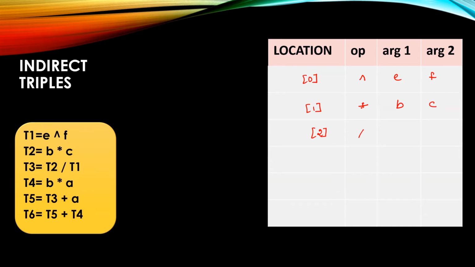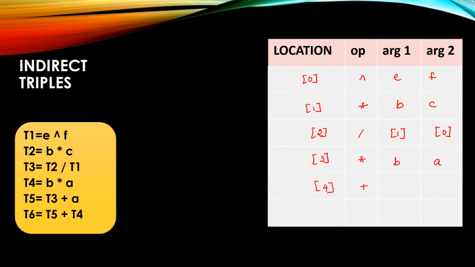The operator is division operator, first argument is 1 and the second argument is 0. For the next statement it is in the location 3, the operator is star, first argument is B, second argument is A.